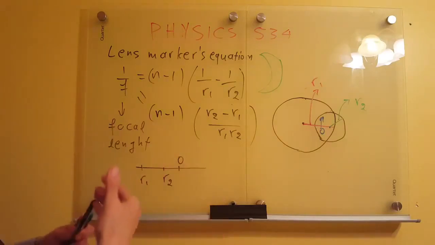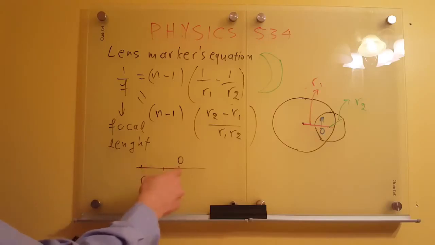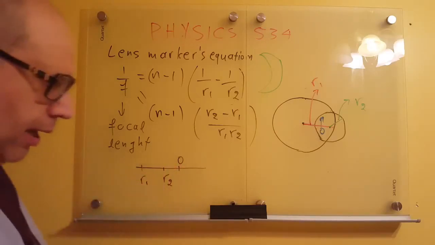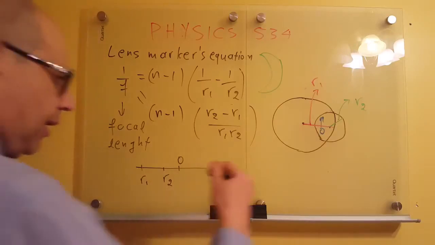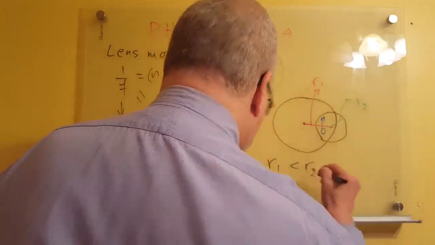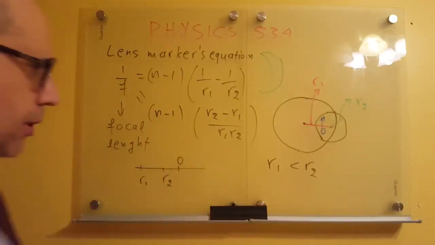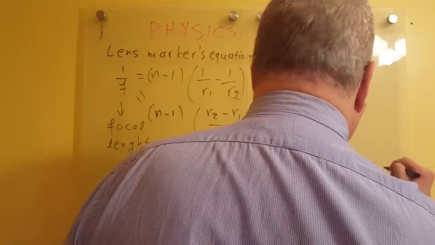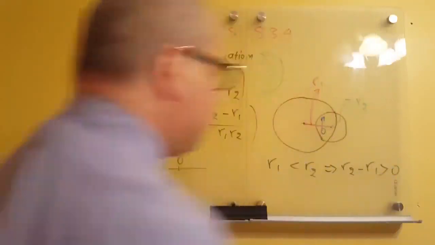But because both of them are negative, if here is 0 and this is R1, this is R2, you see that in absolute values the R2 is smaller than the R1. But in actual numbers, the R1 is smaller than R2. And you see it here in the number line. So that means that R2 minus R1 is positive.